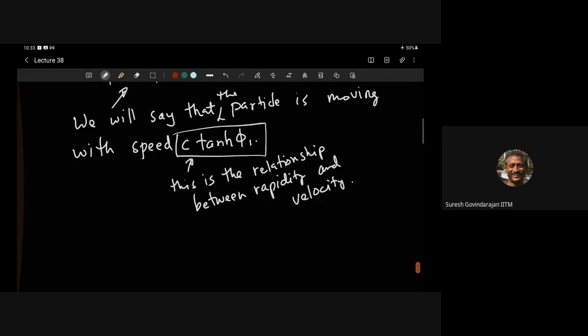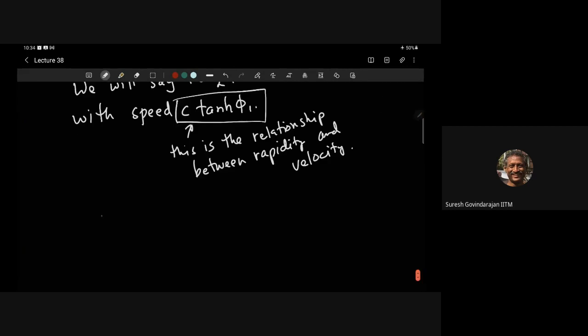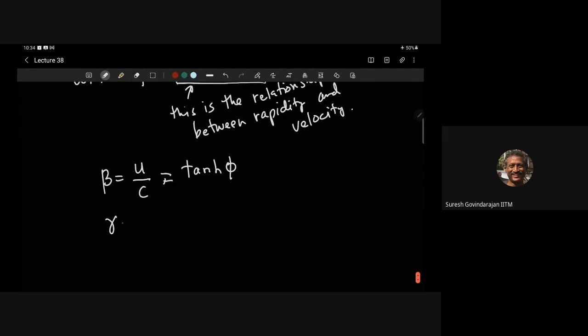There are some standard notations people use. Beta, and let's drop the subscript 1 because that's only a boost. Beta is defined to be u by c, which is equal to tanh phi. And gamma is defined to be cosh phi, which you can compute as 1 by the square root of 1 minus beta squared.